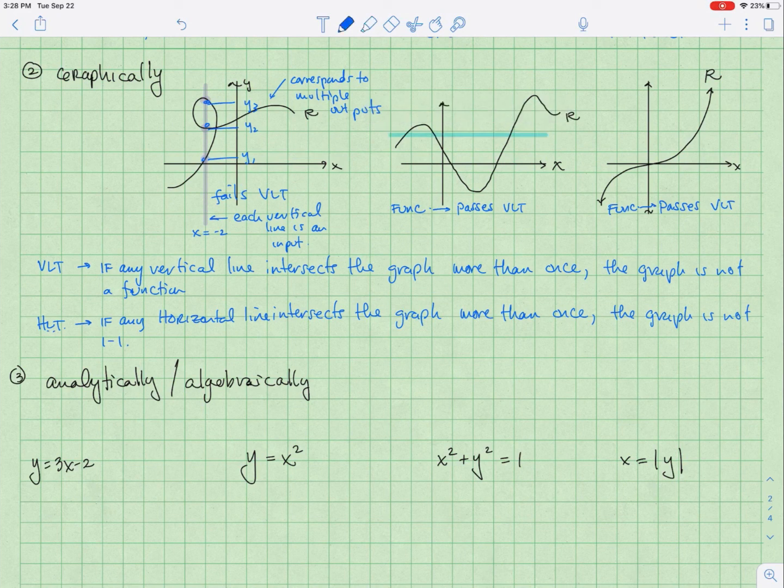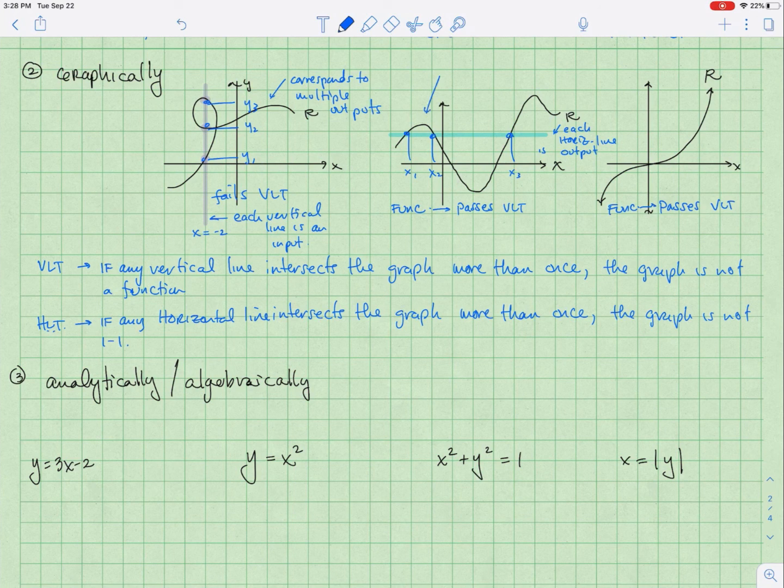But this one, we're now talking about each horizontal line being an output. And this corresponds now to multiple inputs, x1, x2, x3.